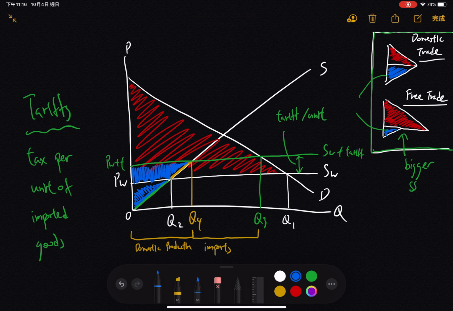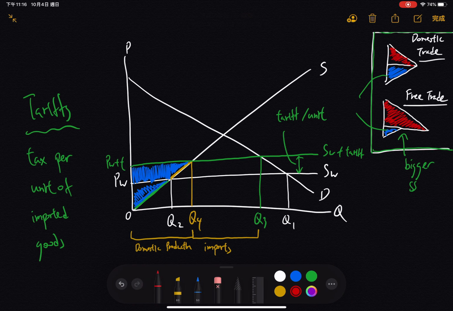So that's good. Now we want to look at what happened to the CS. The CS must be reduced in this case because when you look at the diagram, the consumers are buying the products at a higher price and consuming at a lower quantity. The CS must be lower than before.